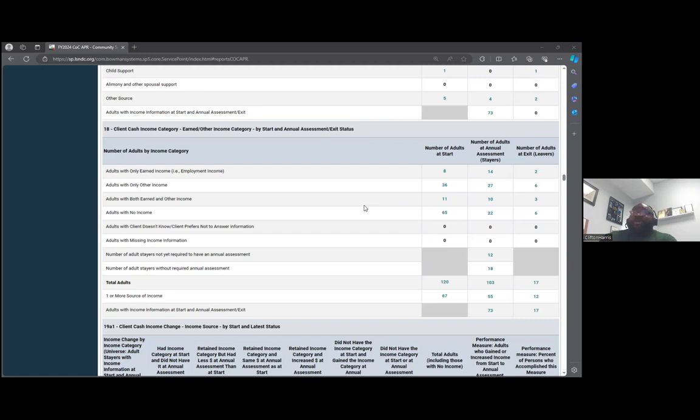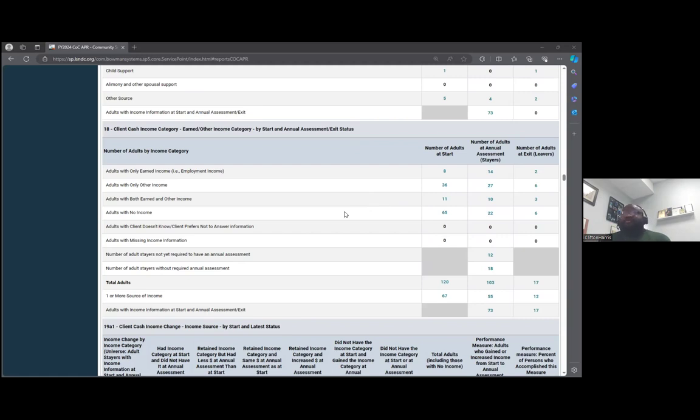Even if you have clients that gain income during the year, they won't be reflected on a performance report until that client has either exited to a different program or matured into your program for at least a year where they require annual assessment. Okay.